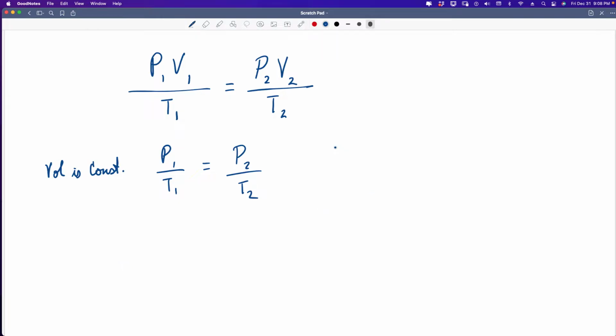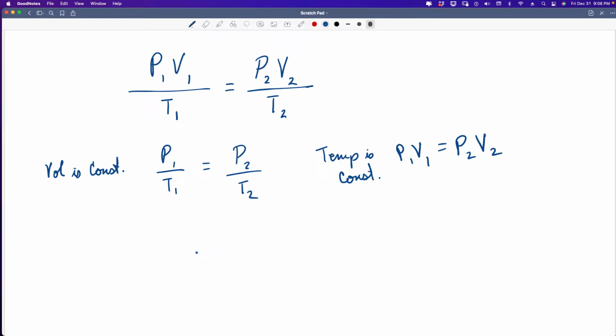When temperature is constant, then we drop temperature from the equation. So it becomes the original pressure times the original volume is equal to the final pressure times the final volume.